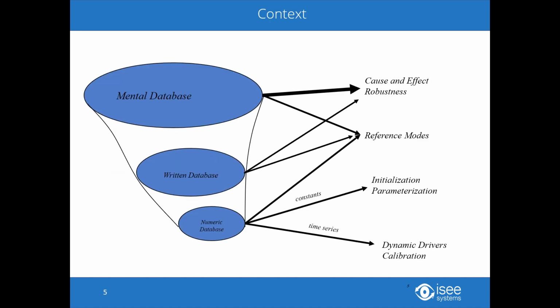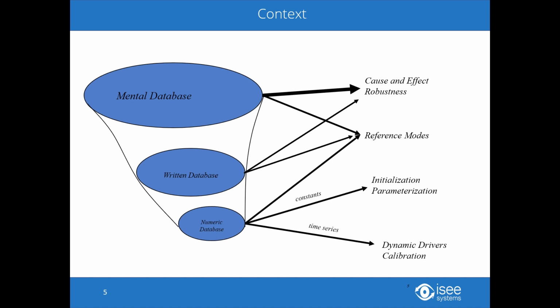So in setting the context, one of the things I like to think about is where do we get data from and what does it really mean? This is a view Jay Forrester developed of the world where there's a mental database that has an incredible amount of information in it, a written database that has less information, but is still quite rich, and a numeric database that consolidates things to numbers, which in a sense is quite small, although certainly the number of bytes that are consumed by that nowadays is huge.